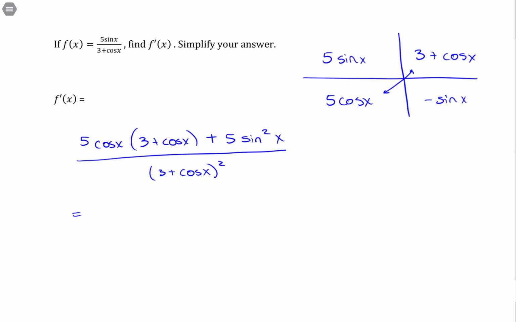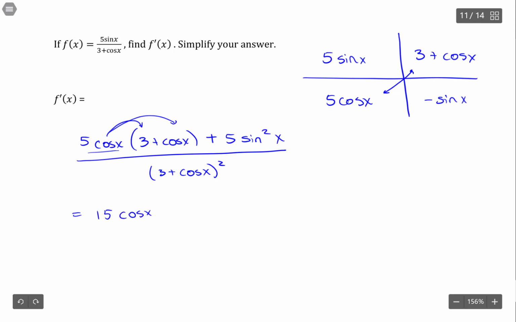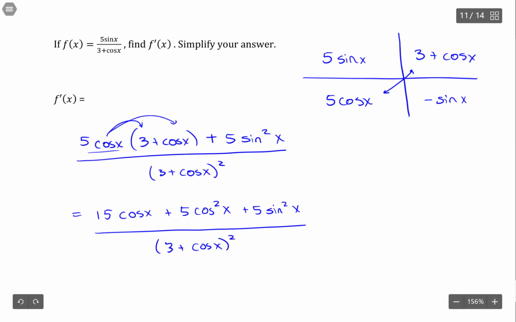Distributing 5 cosine x into these parentheses here, I would have 15 cosine x plus 5 cosine squared x plus 5 sine squared x, all over 3 plus cosine x squared.